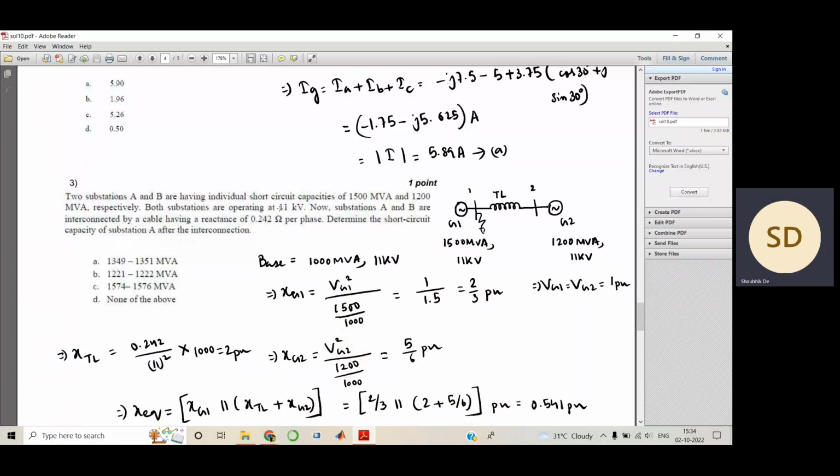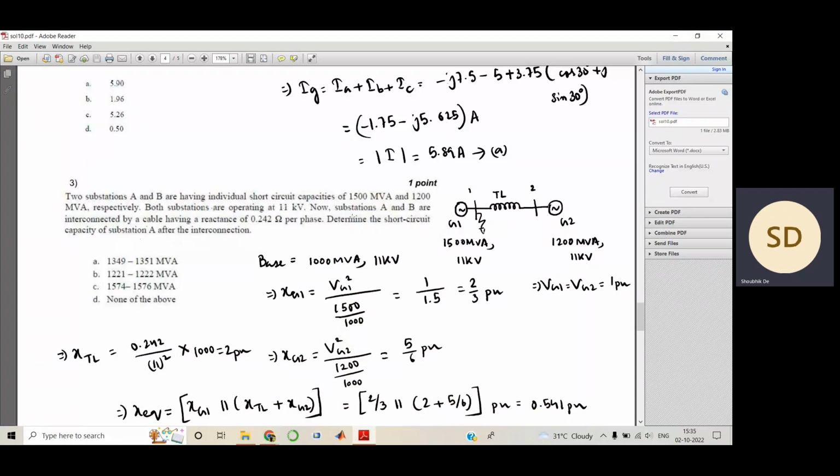Both substations are operating at 11 kV. Now, substations A and B are interconnected by a cable having this much reactance per phase. Determine the short circuit capacity of station A after the interconnection. So this is the diagram, right? This is station 1, basically generator 1, generator 2. They are connected by this transmission line, and they have told us to determine the short circuit capacity of substation.